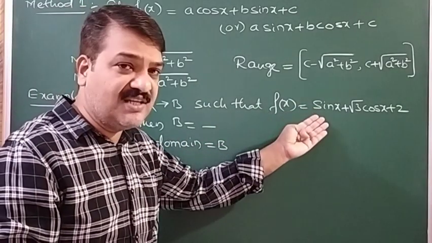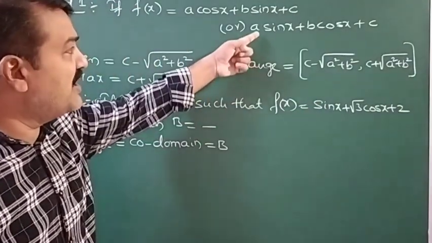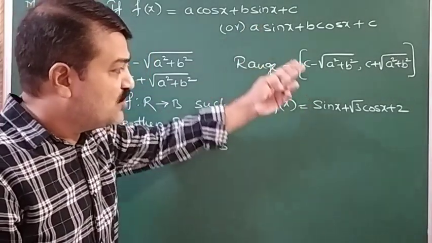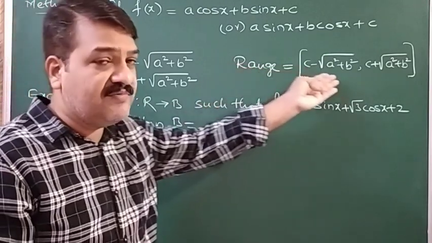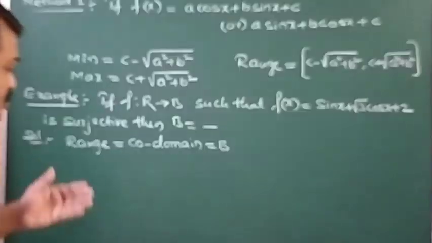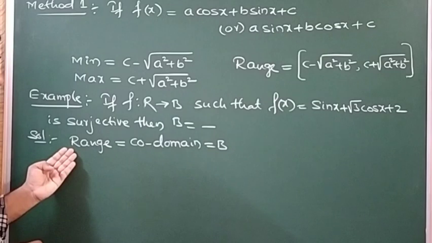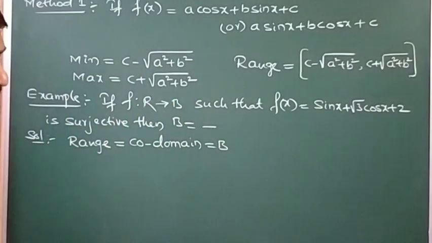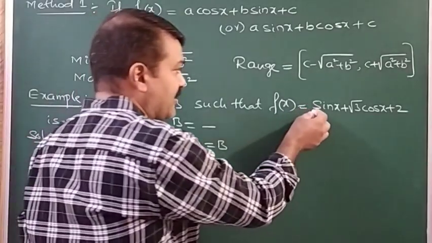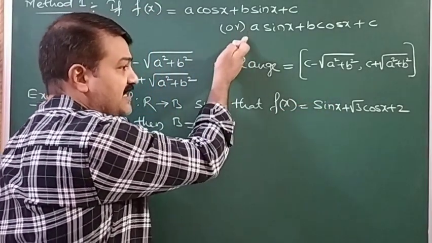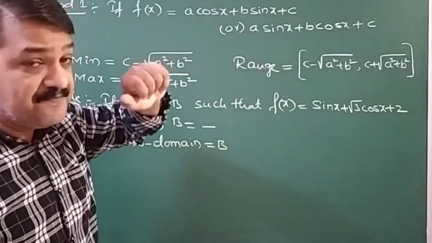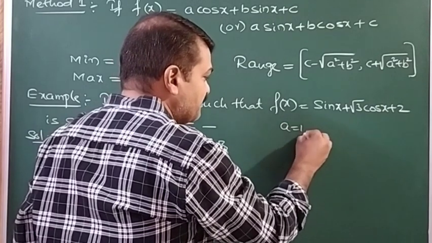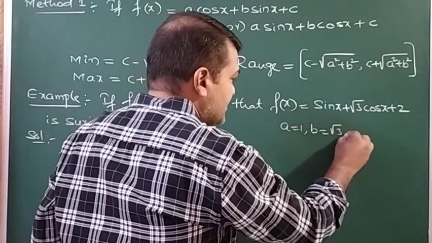So this is the function, and it is exactly in this model. Whenever you have the function in this model, to find the range we will use this. You get the value of range, that is nothing but codomain, and that is nothing but set B. Compare with the standard notation: a will be 1, b will be root 3, c will be 2.